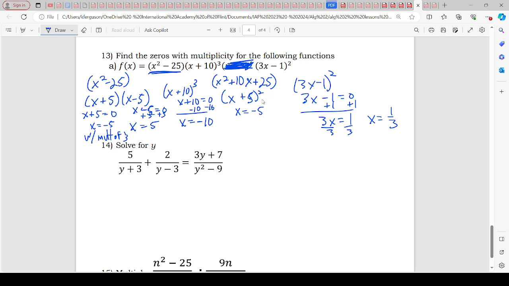Because I've got 2 right here and 1 right here. So that's a multiplicity of 3. Right here, I just got one positive 5, so that's a multiplicity of 1. Right here, I've got x plus 10 to the third power. So I've got x equals negative 10 with a multiplicity of 3.